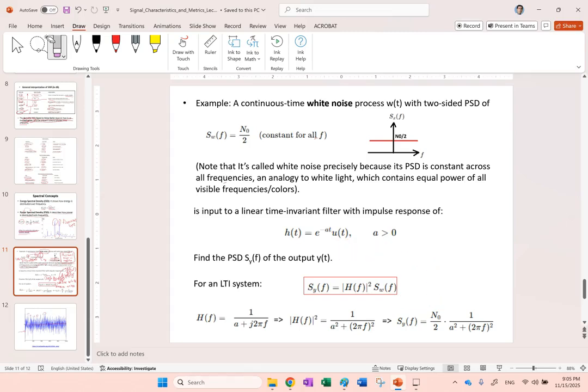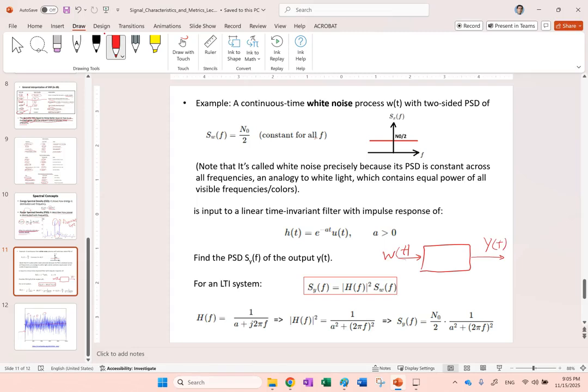But basically, linear means the governing differential equation of the system between input and output is linear, and time invariant means that the parameters in that differential equation do not depend on time. So you have a physical system, the input comes in, this input is called W of t, and an output goes out, this is called Y of t.